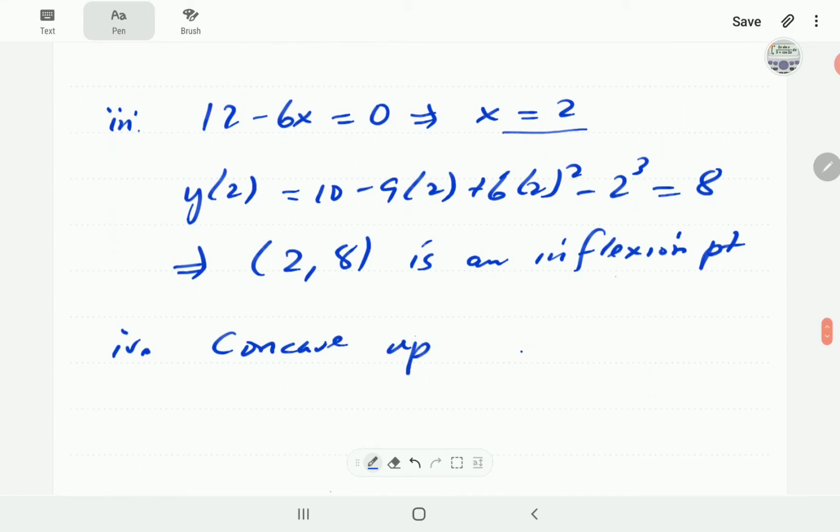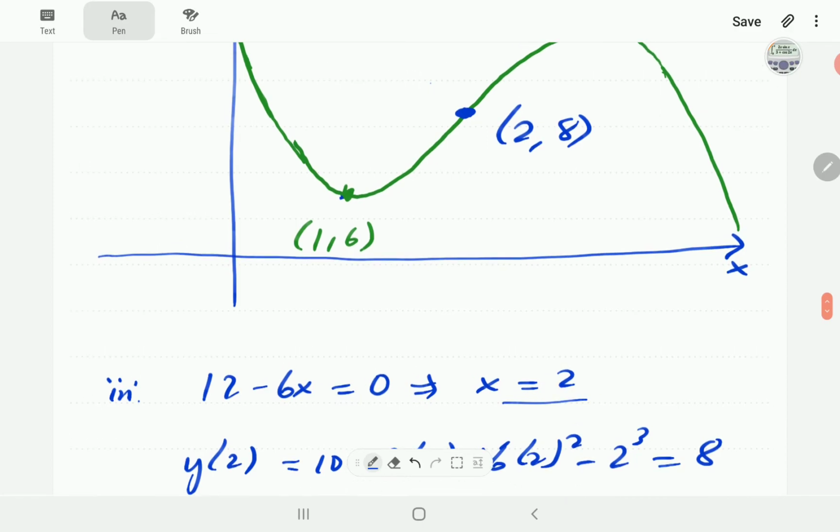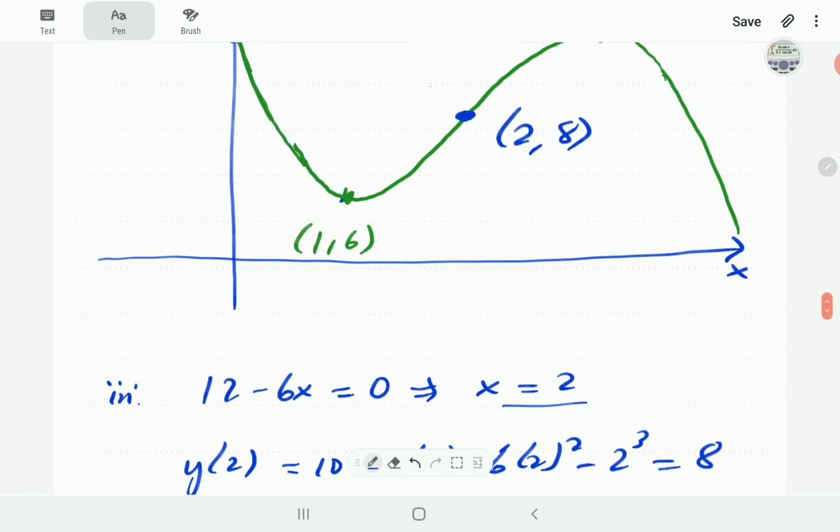So we're going to say concave up over the interval x between negative infinity and 2. And then the graph is going to be concave down over the section on the right hand side of 2.